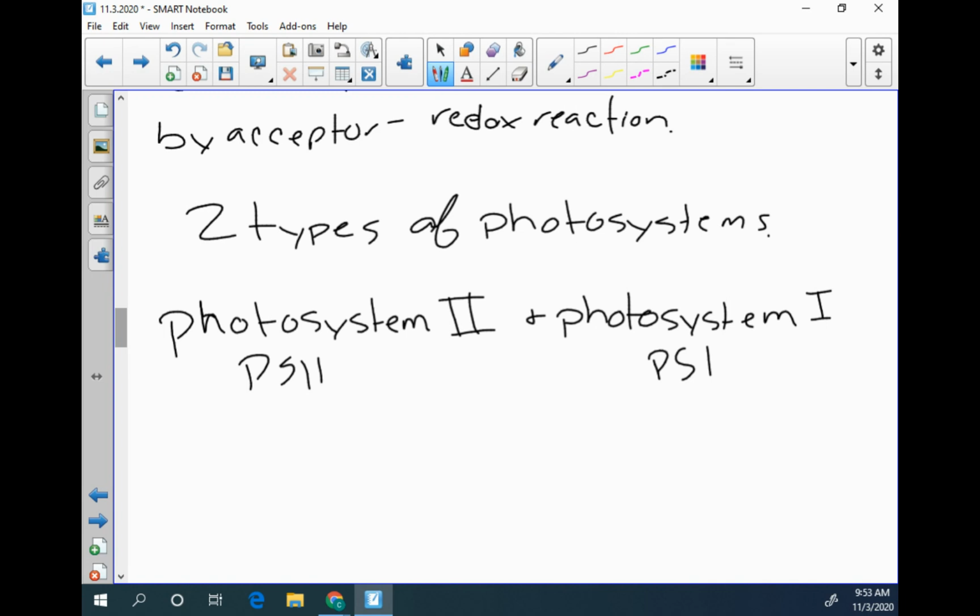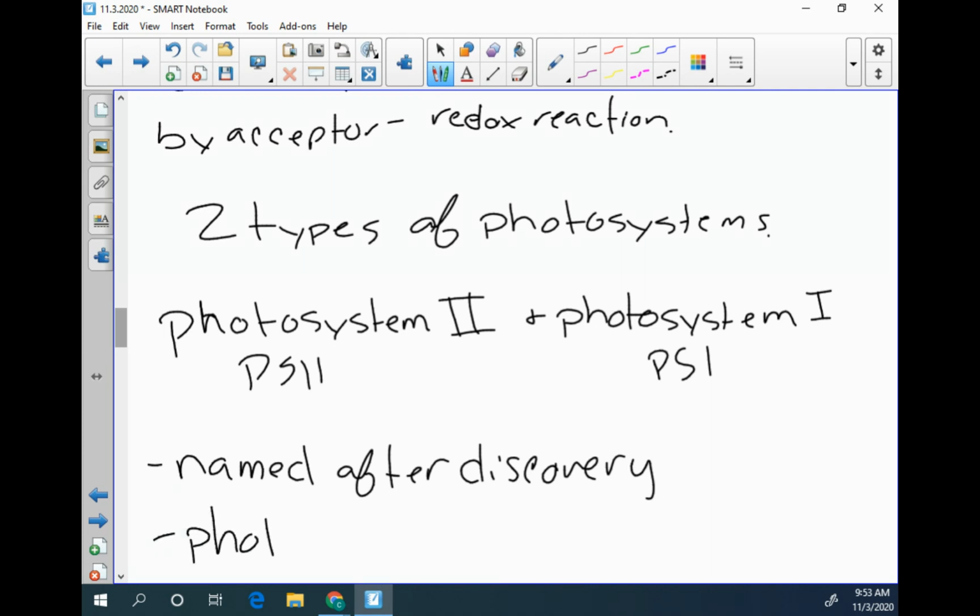They're named after discovery, but photosystem 2 happens first. That is why we always call them photosystem 2 and photosystem 1, or PS2 and PS1.